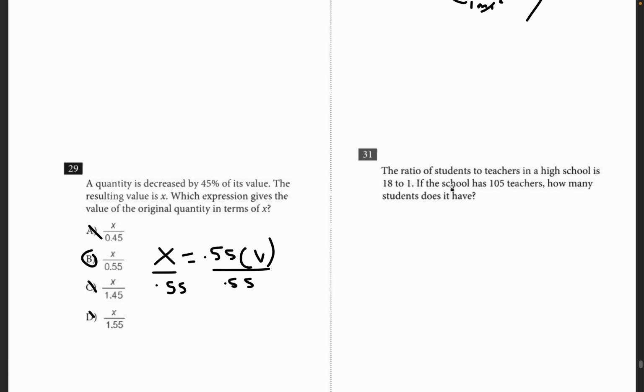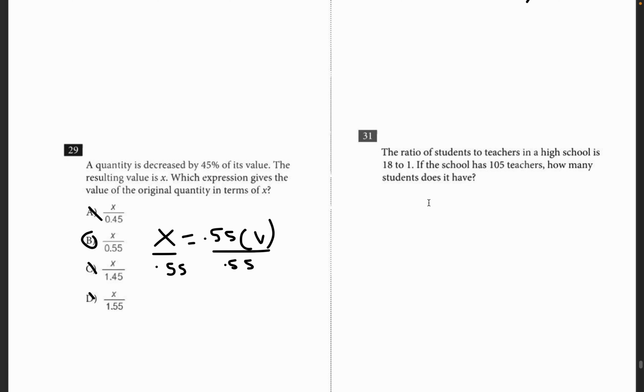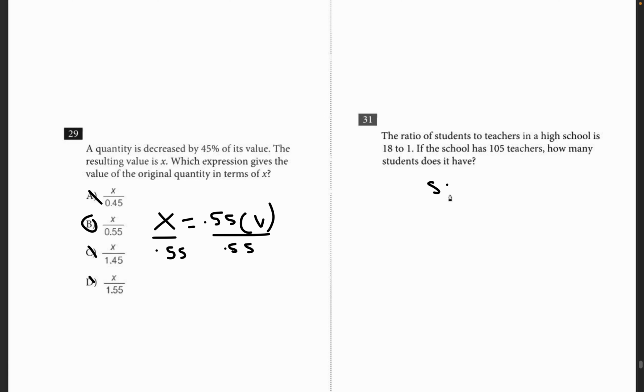The ratio of students to teachers in a high school is 18:1. So students, teachers, 18:1. The school has 105 teachers. How many students? So x.